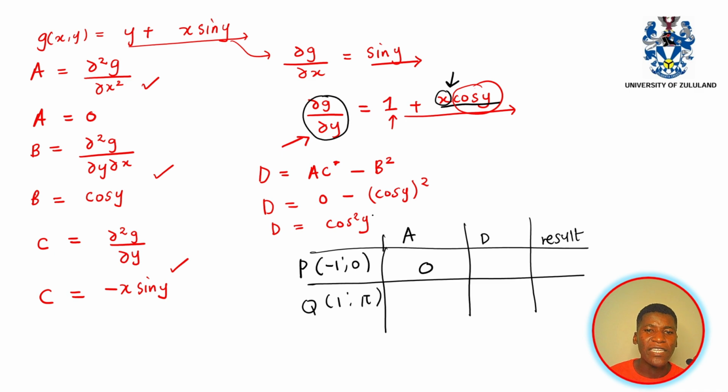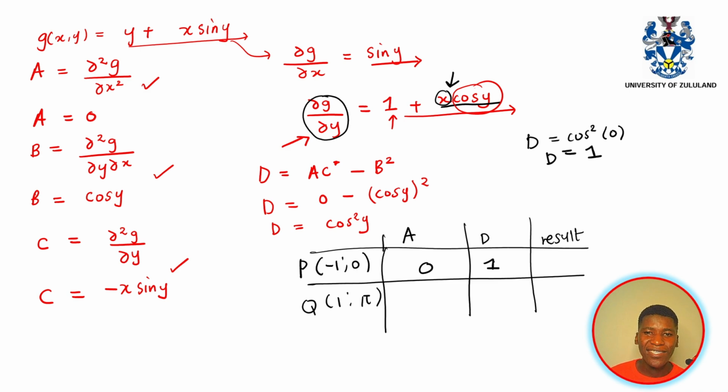And the value of D is given by cos squared y. For point P the value of y is 0, so cos of 0 is 1, and 1 squared means the discriminant there is +1.